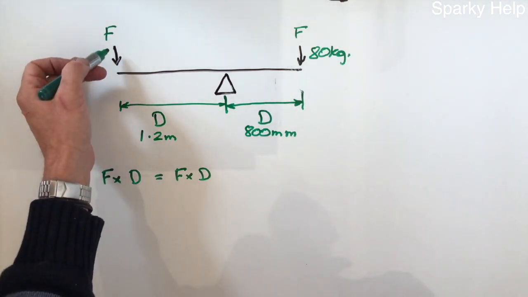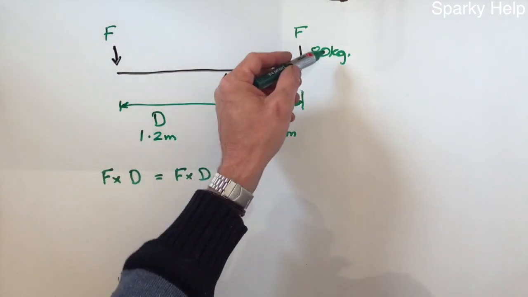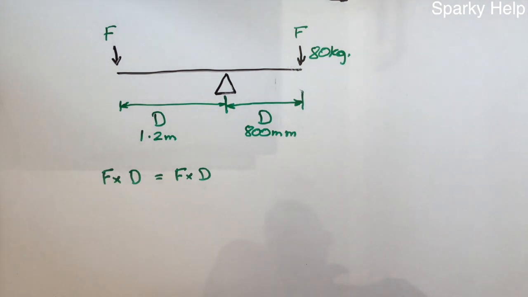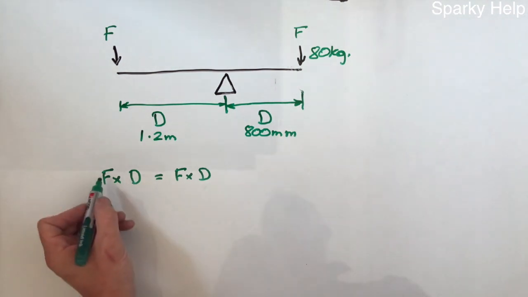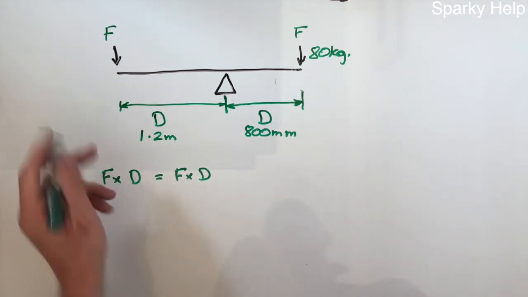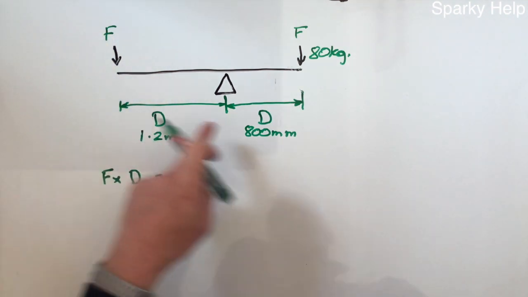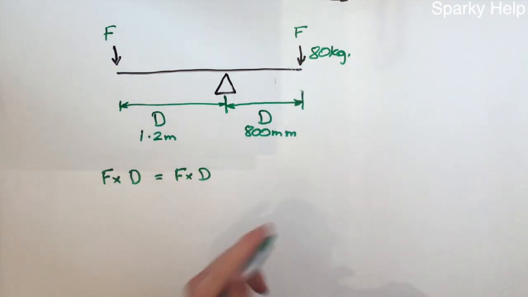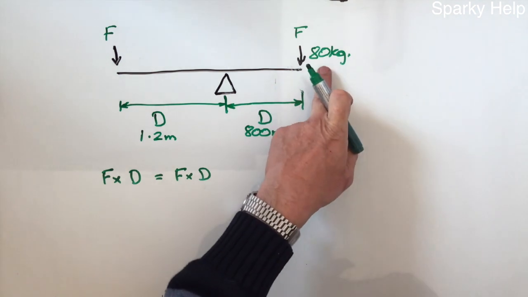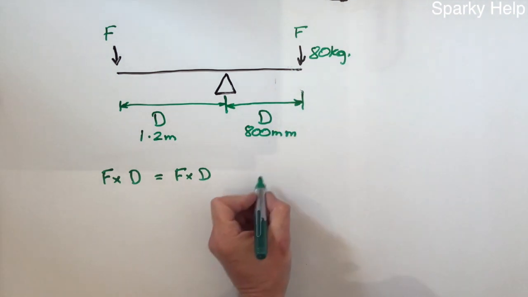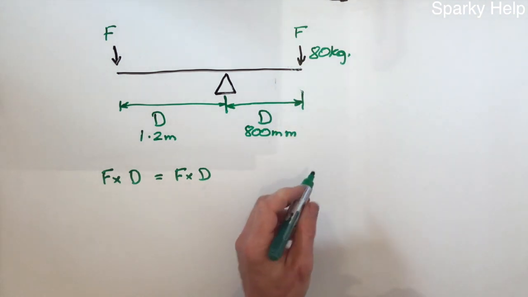Basically the question is, how much force do we need to lift this load on the opposite side? F is the unknown on this side, because we know this distance, we know this distance, and we know what that is. First, let's find out what the force on this side is.